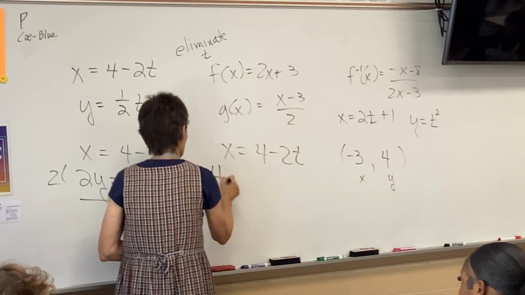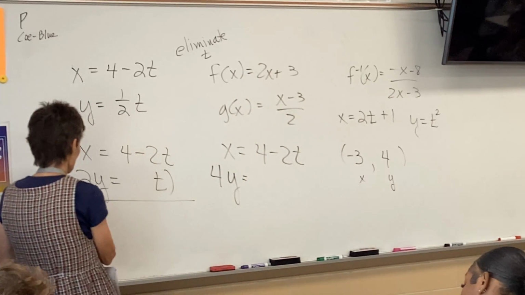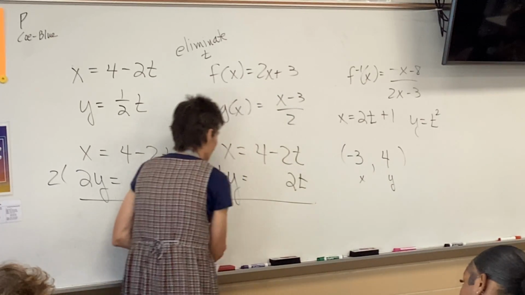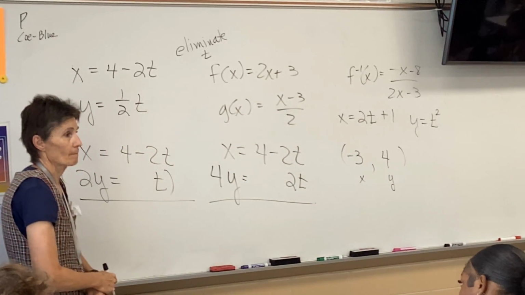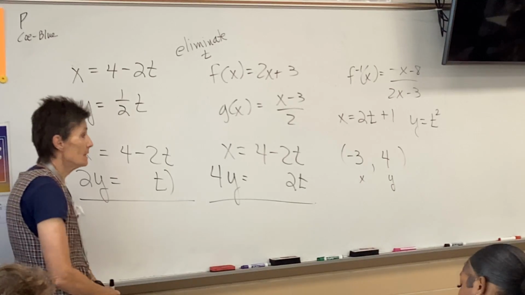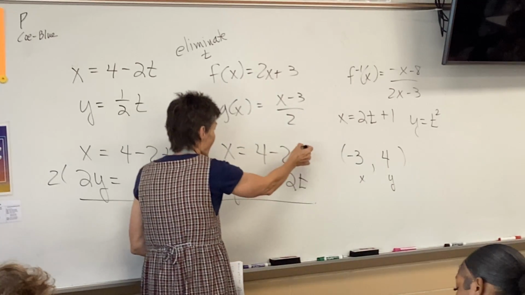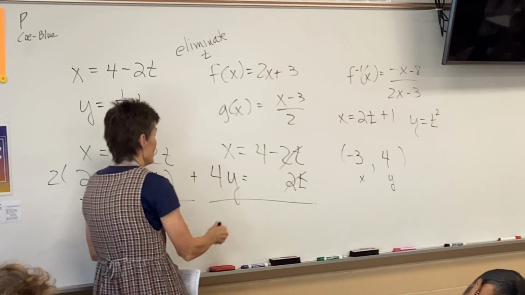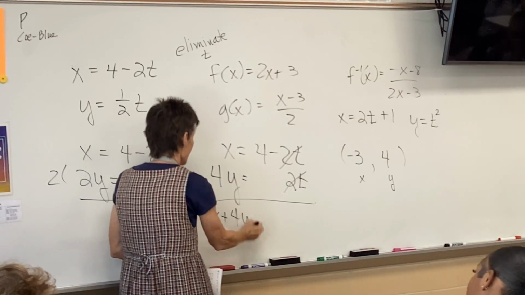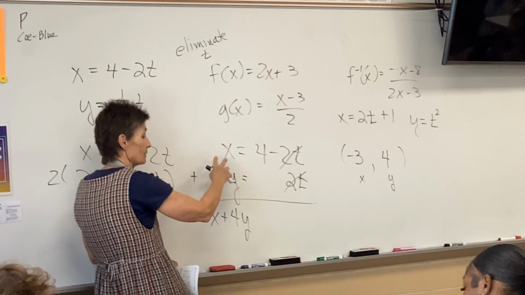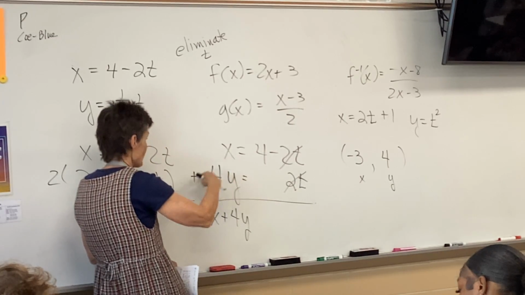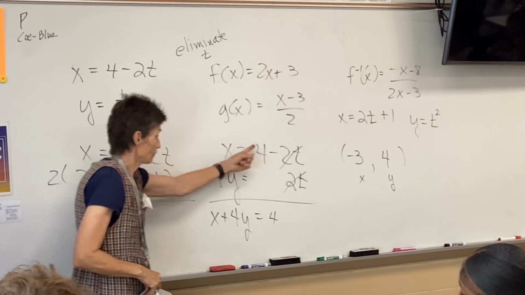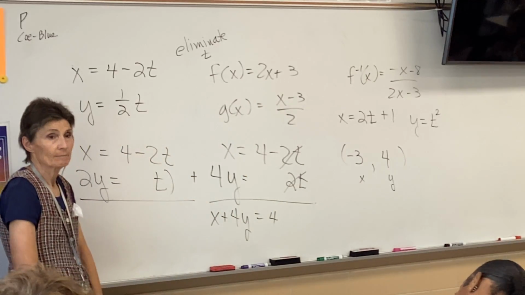And my bottom equation will be 4y equals 2t. Now, when I add, will these go away? What's my goal? So x plus 4y. Remember, these don't combine. x plus 4y equals 4. And that's it.